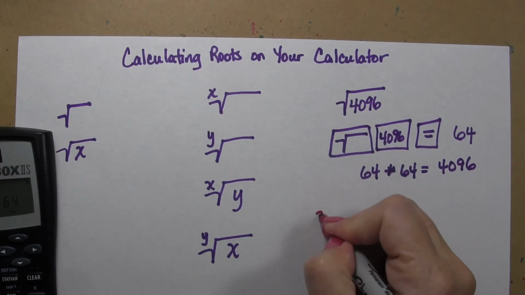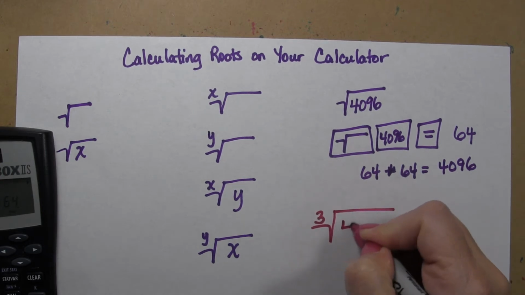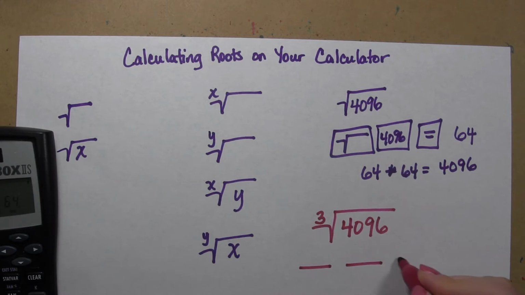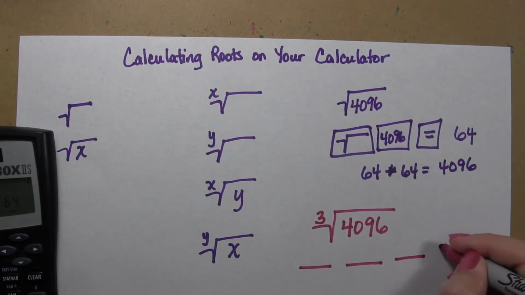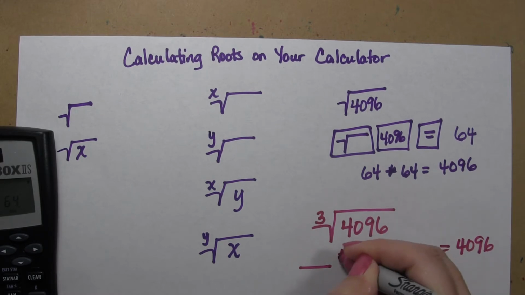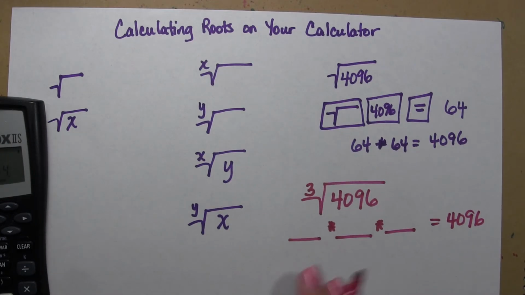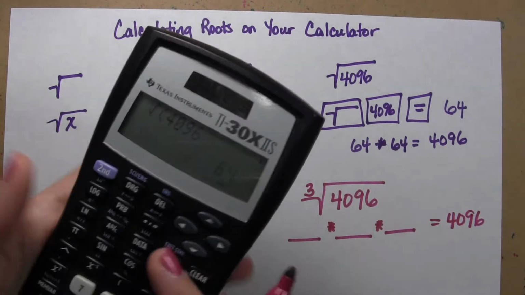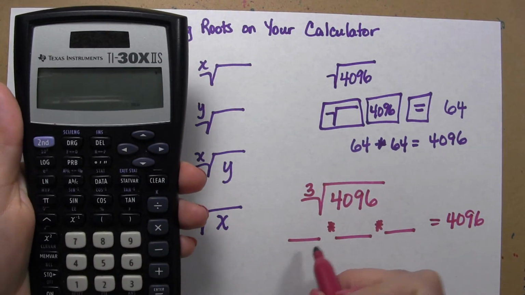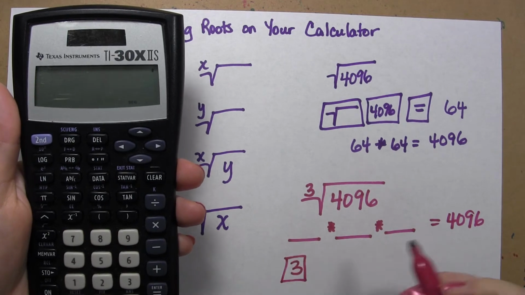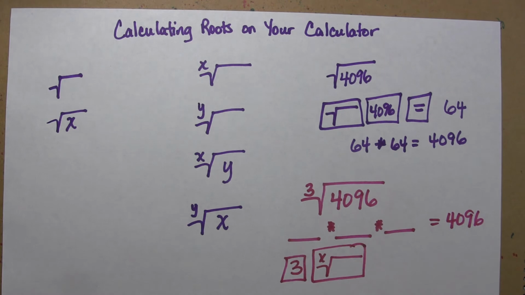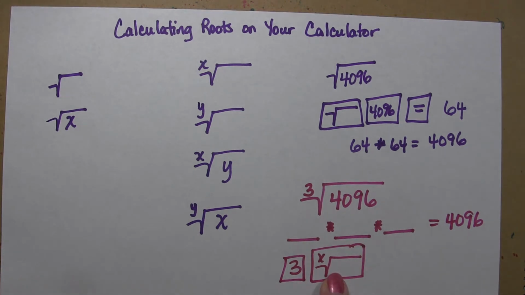If I asked for the third root of 4096, that means that I'm looking for three numbers that multiply together to equal 4096. And all of these numbers have to be the same. I guess I'm looking for one number multiplied by itself 3 times to equal 4096. That's a better way of saying it. So to do that, I would do 3, and then I'm going to do my funky symbol here.